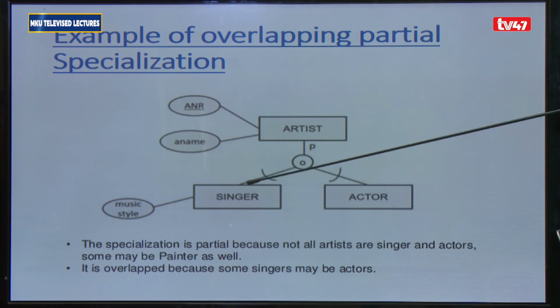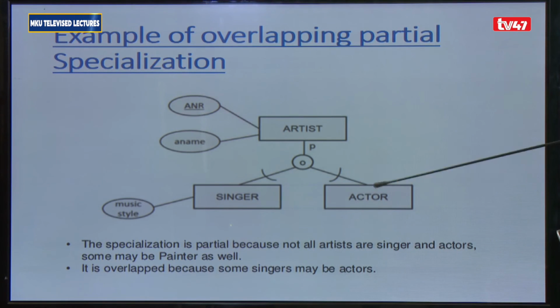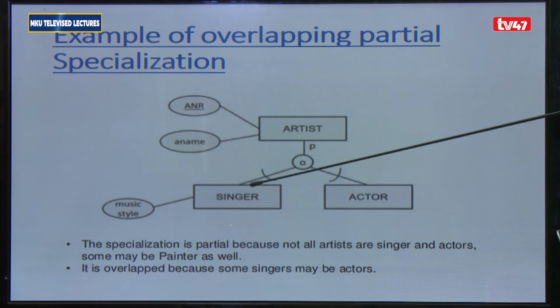So we could have a singer who is just a singer and doesn't do any acting. But we could have a scenario where a singer also does some acting because he's also interested in acting.